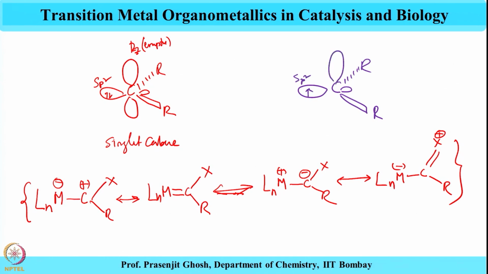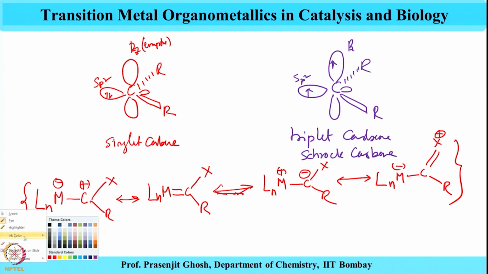Now, the pz orbital is not vacant and has a single electron, and hence it is called triplet carbene. This is called Schrock carbene, and the singlet carbene is in Fischer carbene.